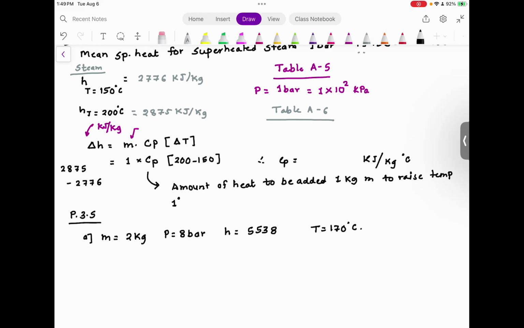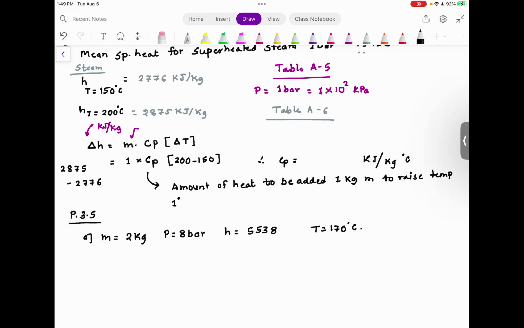So for the first case, you need to know the enthalpy is 5538, pressure is 8 bar, temperature is 170 degrees C. Tell me, what is the state of the steam?